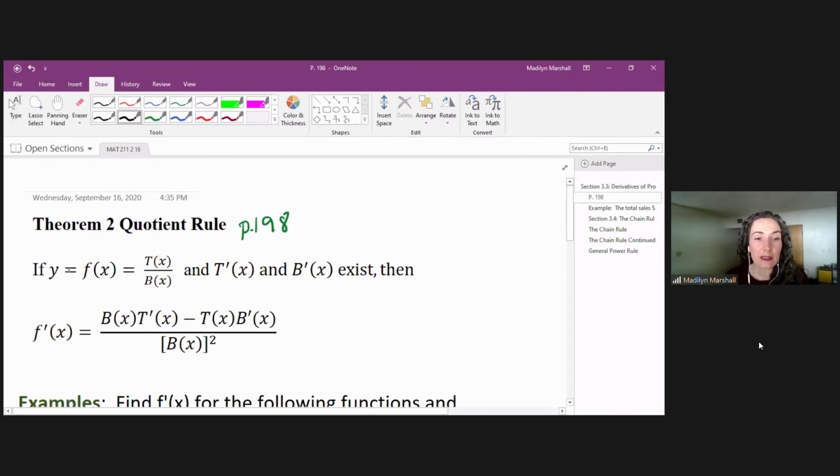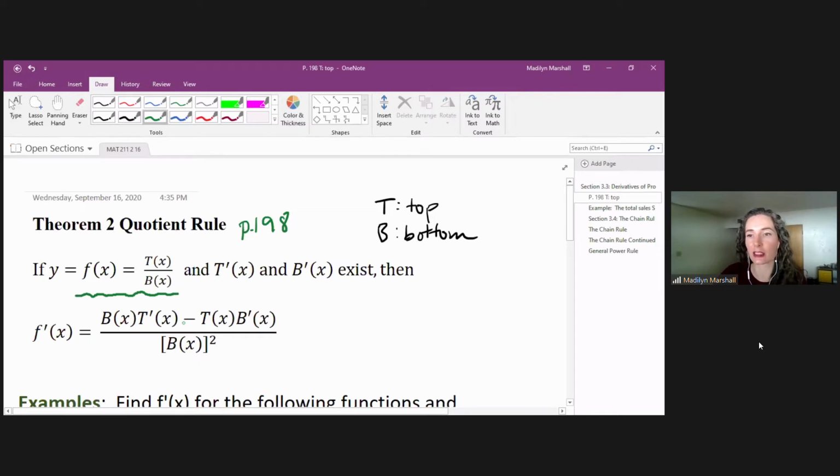So here, instead of having two things multiplied together, we now have two things being divided. Just like F and S were first and second for the product rule, in this case, T stands for top and B stands for bottom. So that's why the two parts of this function are T and B. We have f of x equals t of x over b of x.